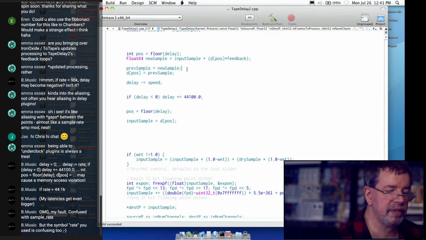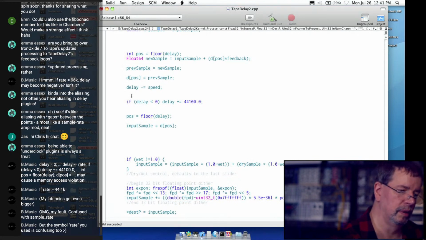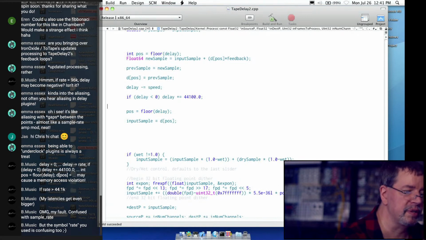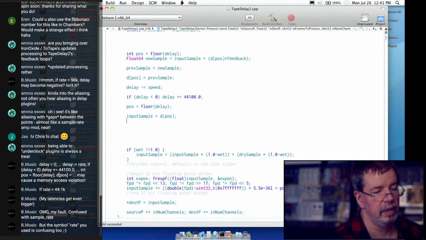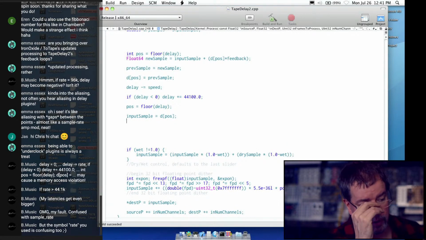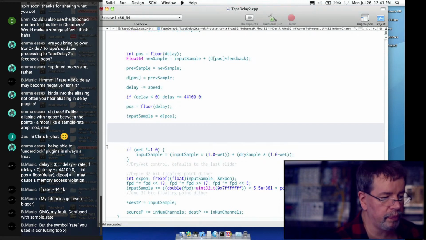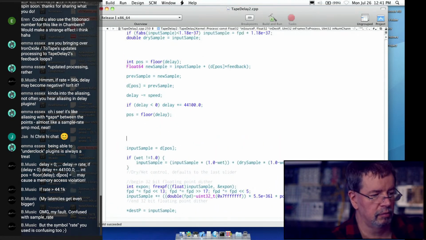So if we do this, everything is still the same. This will all still work as the same delay unit that it was before. Input sample equals dpause is after everything happens, so that part's fine. We'll move it down here.